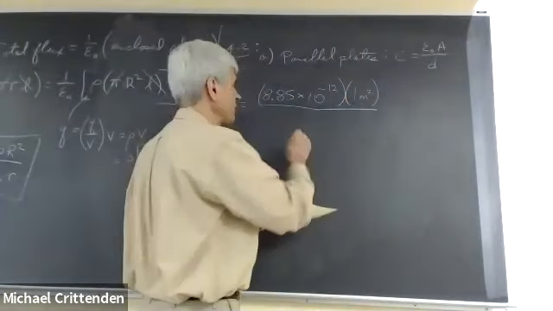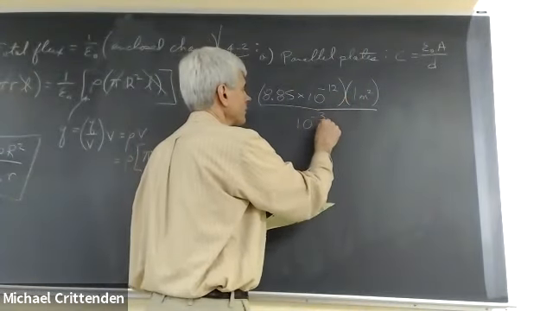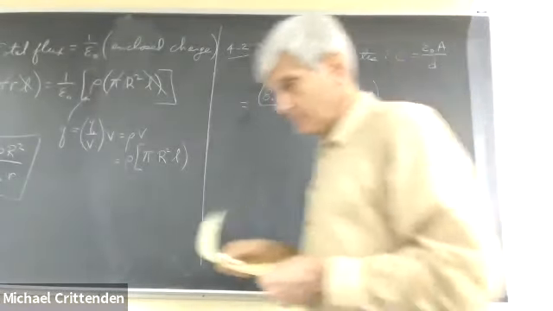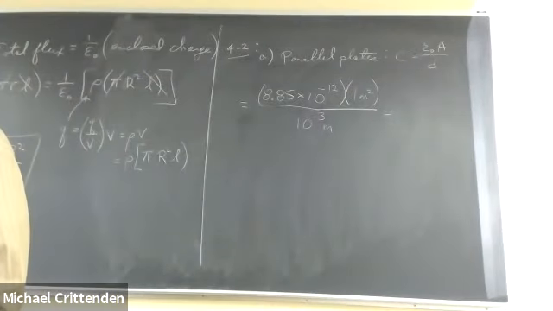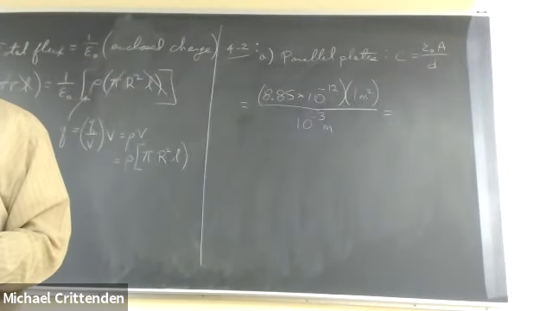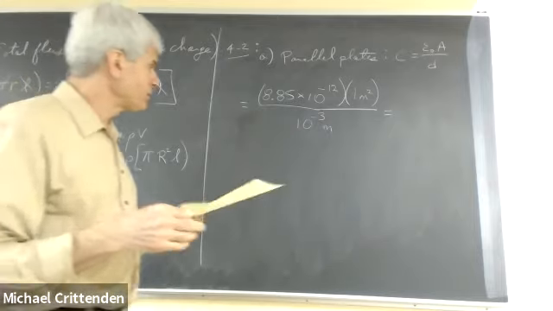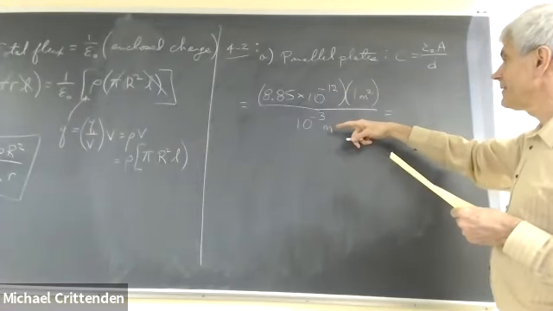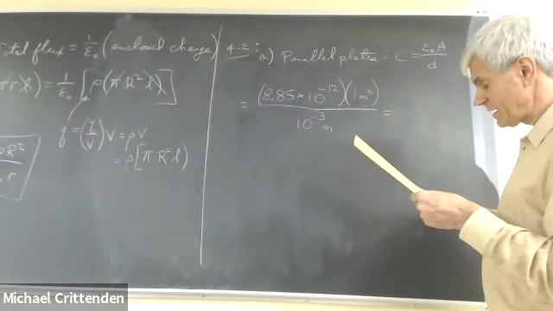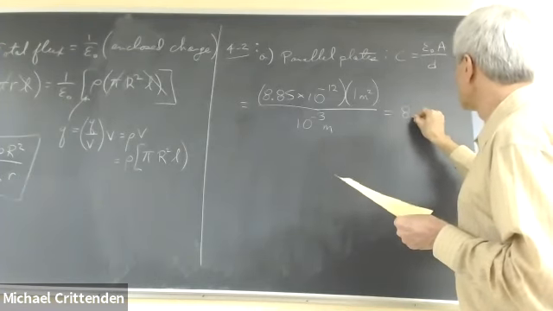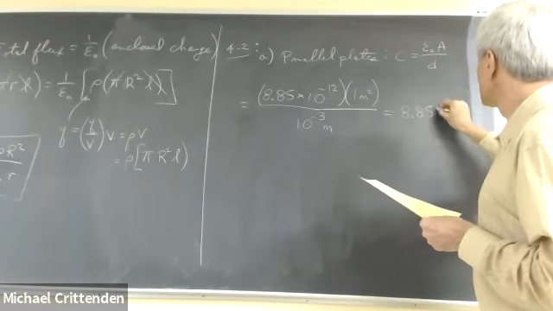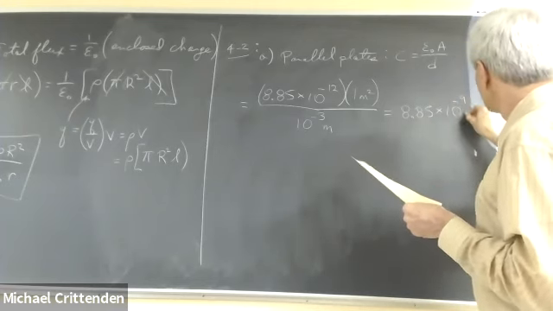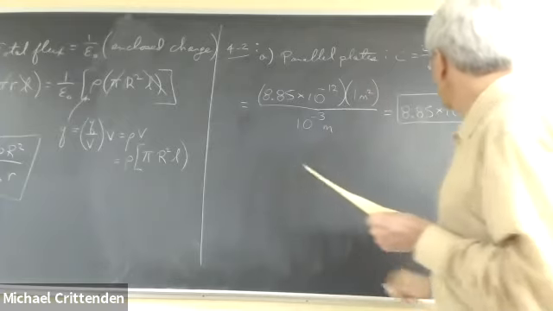Of course, that has to be converted to meters. So not a lot of hard math there, just moving decimals around, really. 10 to the negative 12 divided by 10 to the negative 3 would be 10 to the negative 9. Capacitance is measured in farads.